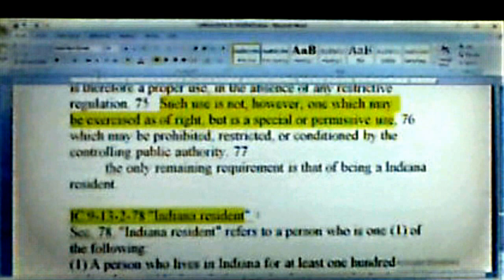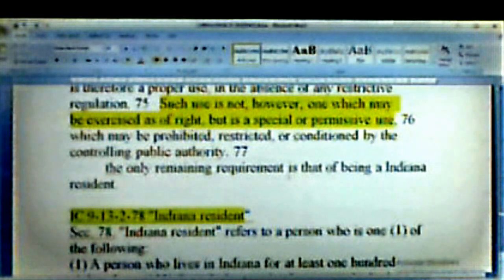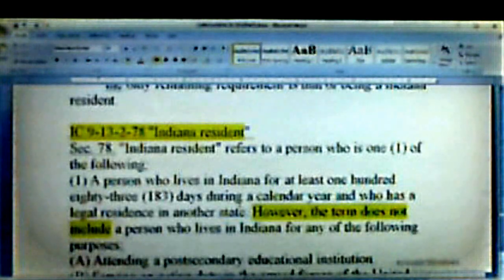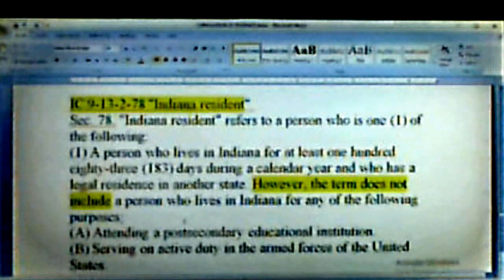Okay, so the only remaining requirement that we have at this time is that of being an Indiana resident. So now we got to see what an Indiana resident really is under the law, because as we've seen so far, most of what we thought doesn't apply. Okay?